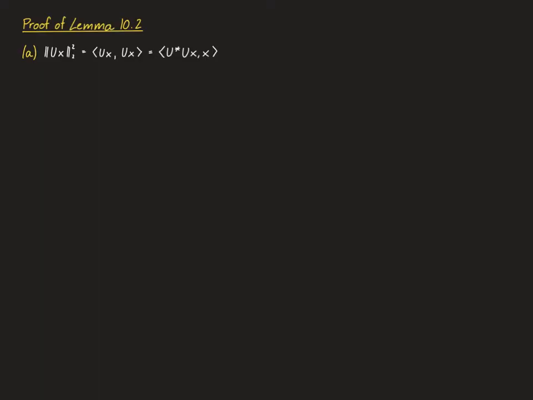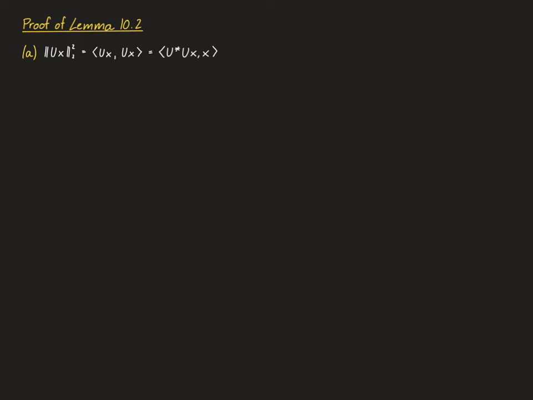The proof of lemma 10.2 is fairly straightforward. For part A, note that the 2 norm of U times x squared is by definition equal to the inner product of Ux with Ux.